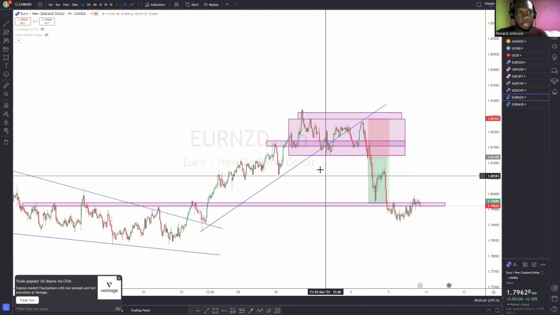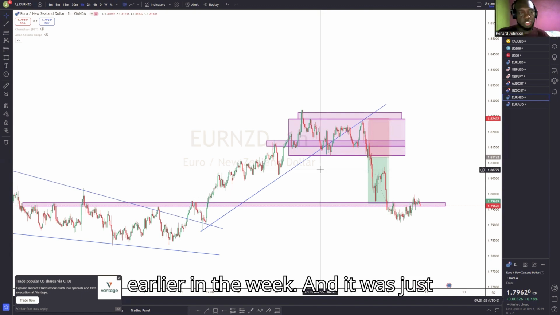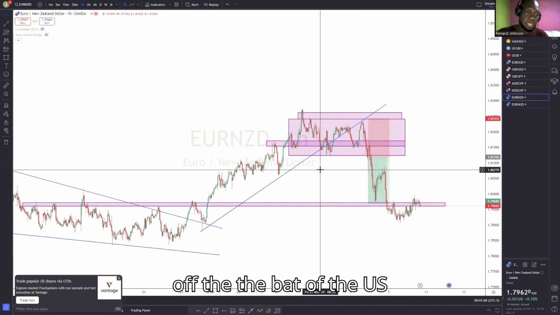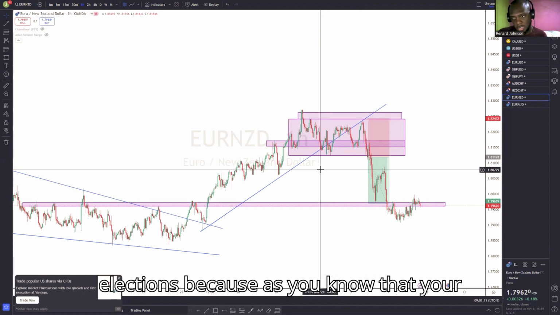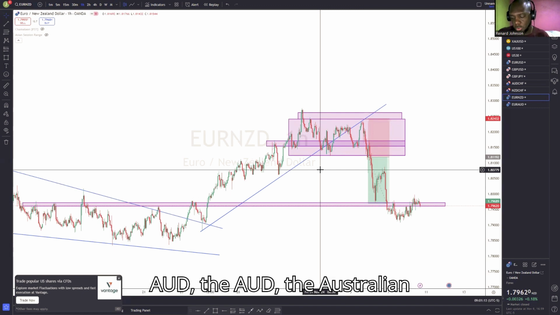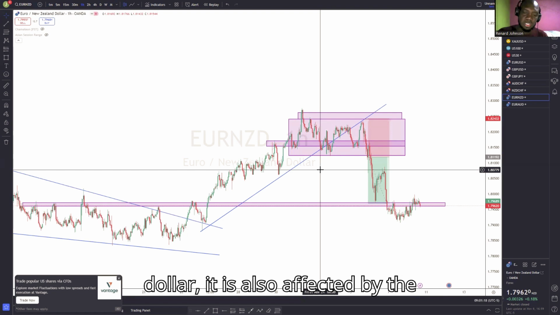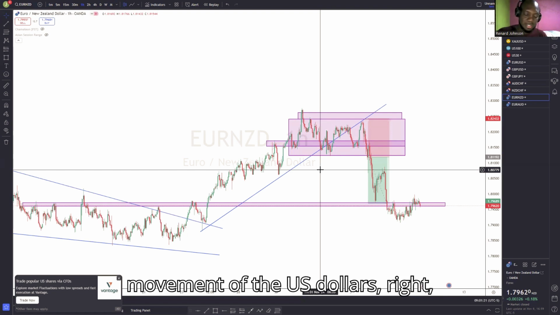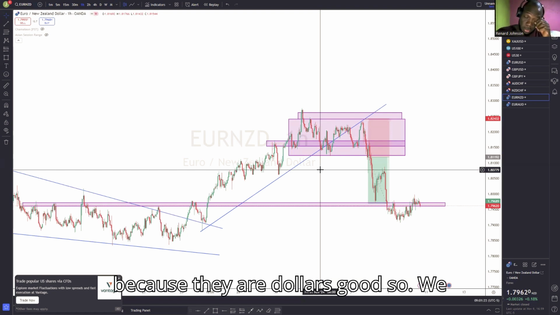That was earlier in the week, and it was just off the back of the US elections. As you know, your AUD, the Australian dollar, is also affected by the movement of the US dollar, because they are dollars.